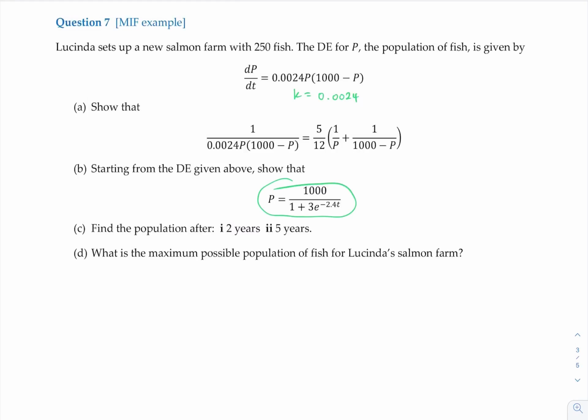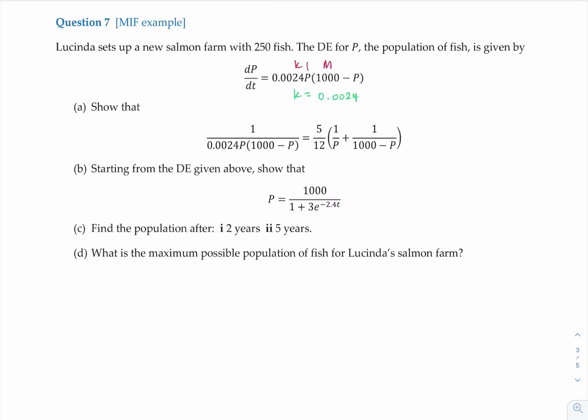But let's look at what we've also got. Finding the population is just substituting into there, so that's really no big deal. And what is a maximum possible population of fish for the salmon farm? Well, it's clearly 1,000, because that's the m.